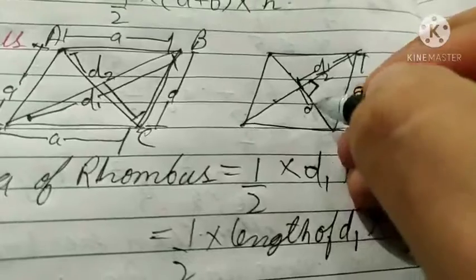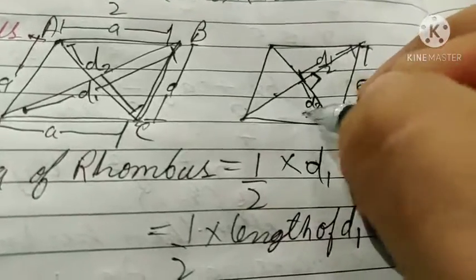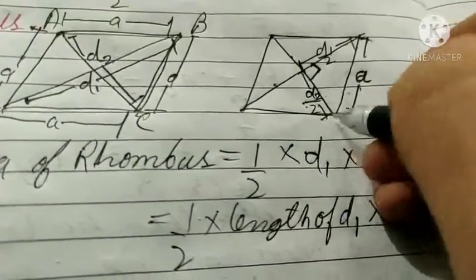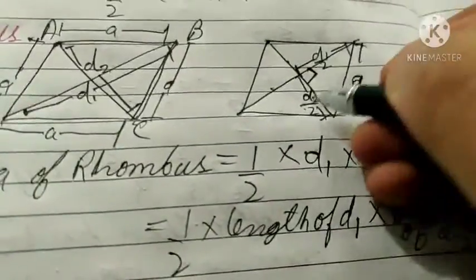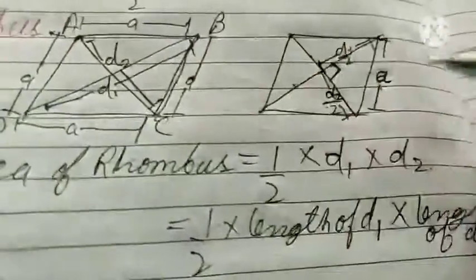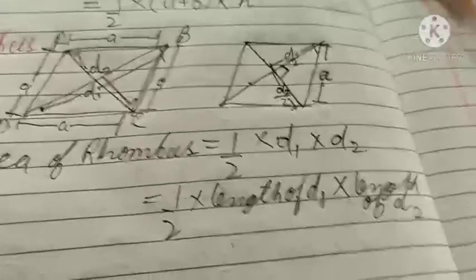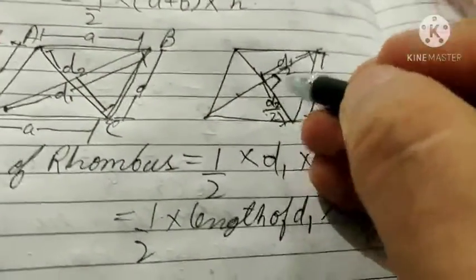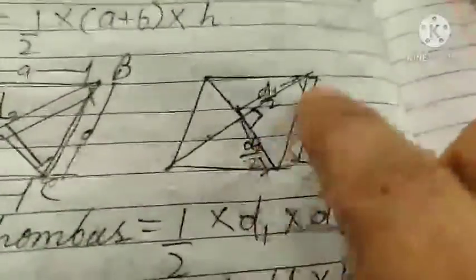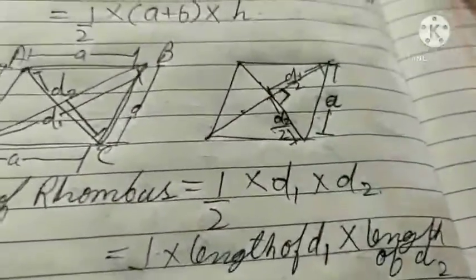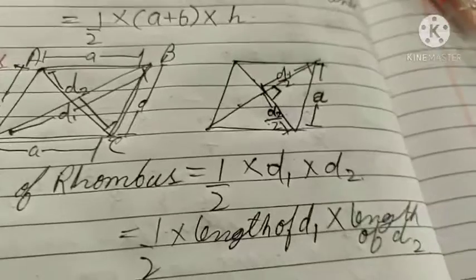This was diagonal 2, then this will be diagonal 2 upon 2. Okay, these are the half sides of the complete diagonals. And here it is 90 degree, so we can apply Pythagoras in this small triangle.